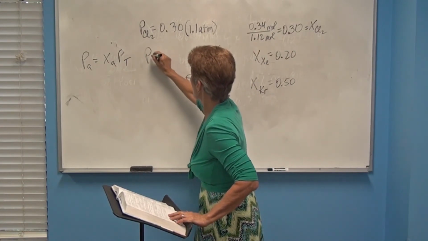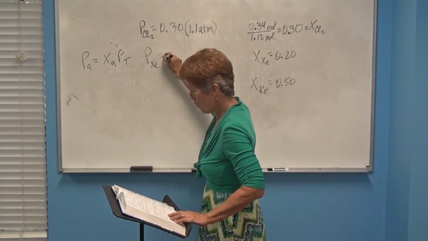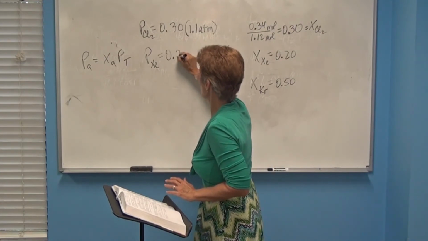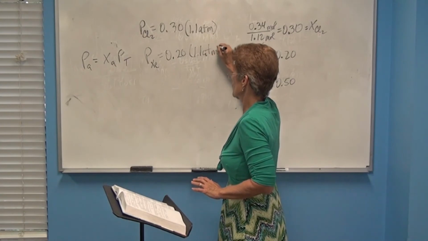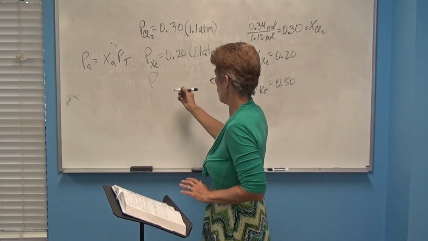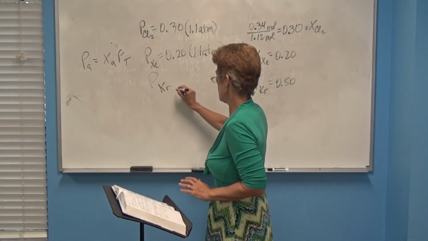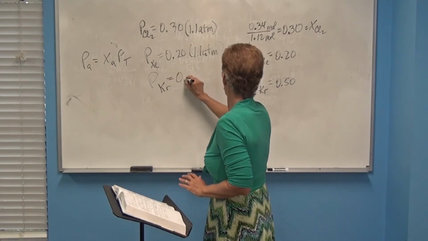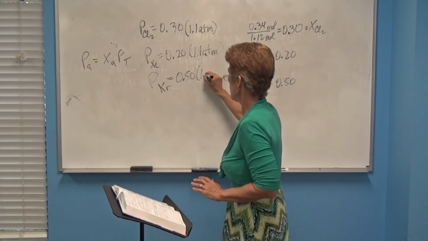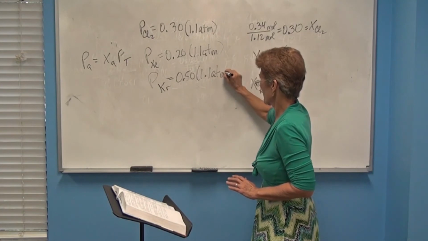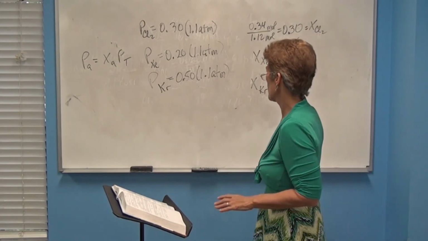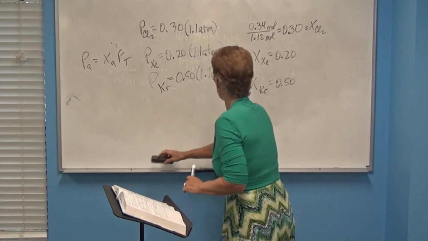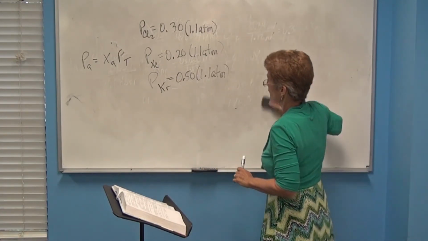The partial pressure for the xenon gas is going to be that mole fraction times 1.1 atmosphere. And the partial pressure for krypton gas is going to be 0.50 times the total pressure for that gas.